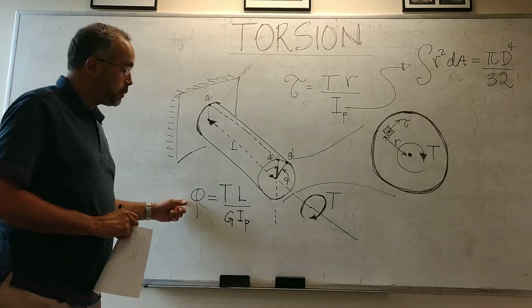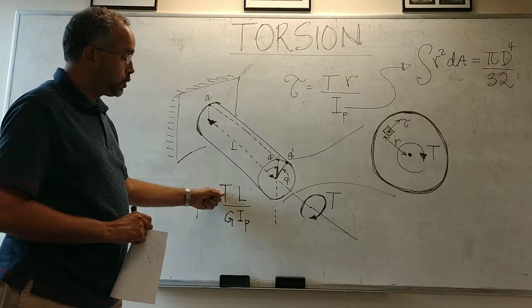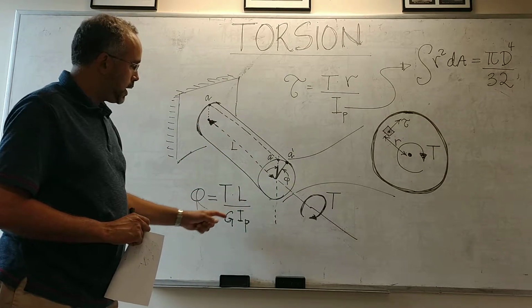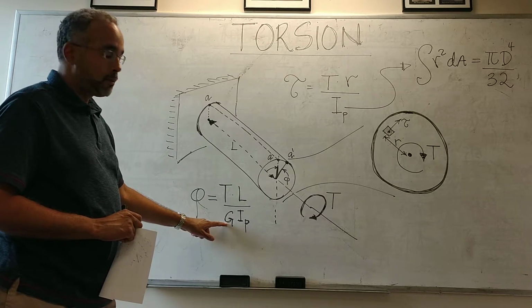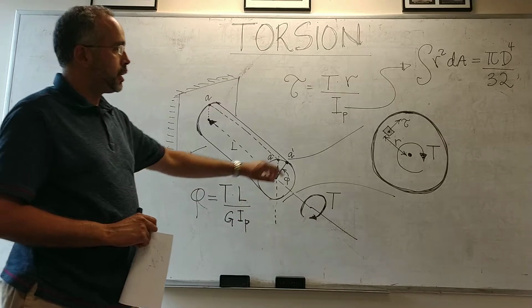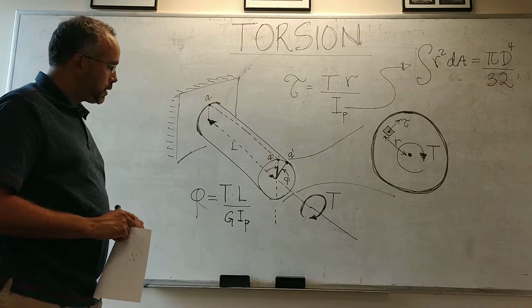And that angle can be found by multiplying the magnitude of the torsional moment times the length of the shaft divided by the shear modulus of the material and divided by the polar moment of inertia of the circular cross-section. A relatively easy formula.